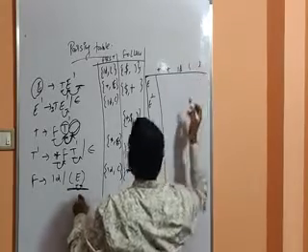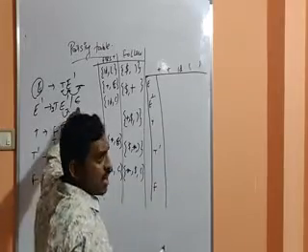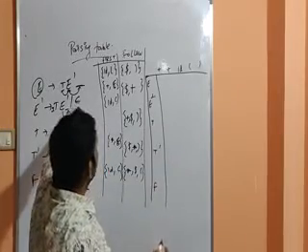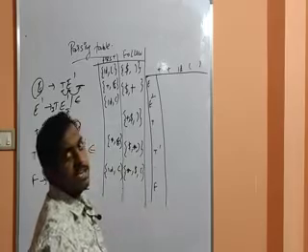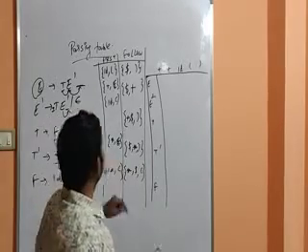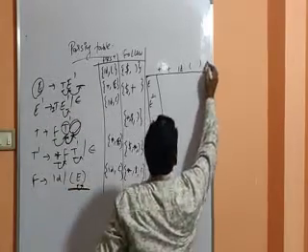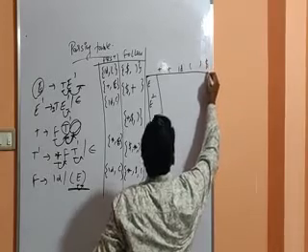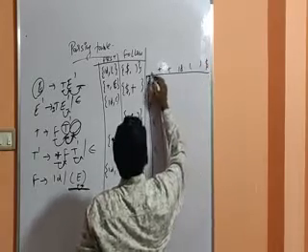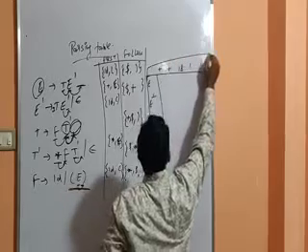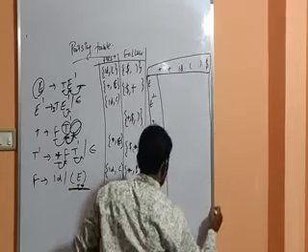Here epsilon is also a terminal value, but this parsing table will not take the epsilon value. So in the place of epsilon you have to write the symbol dollar. So this is how you have to keep the variables. Now let us construct the table.